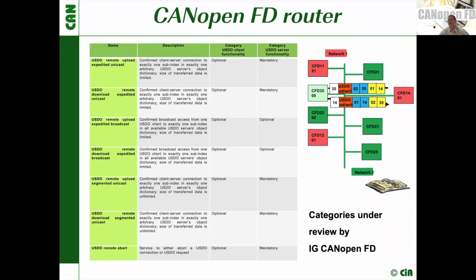Which kind of USDO remote access do I have to support? This is the status which is currently written in the CANopen FD specification, which you see now on the slide. It's now under discussion to make a review and to discuss which remote functionality is really required. So there may be some changes to this table in version 2.0. If you'd like to contribute, please show up in the working group or give me an indication, and I can invite you to the next IG CANopen FD working group meeting.